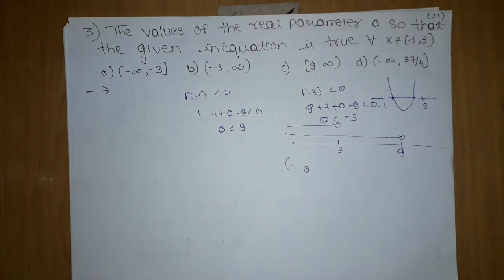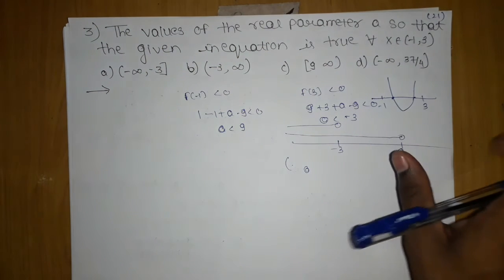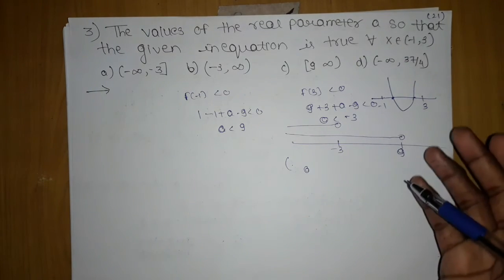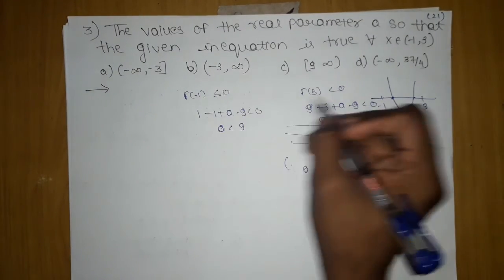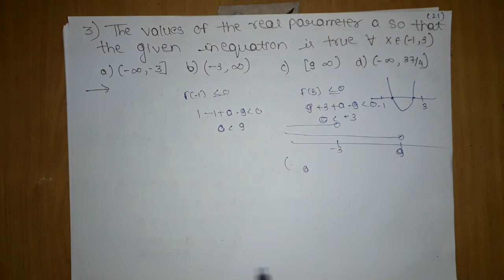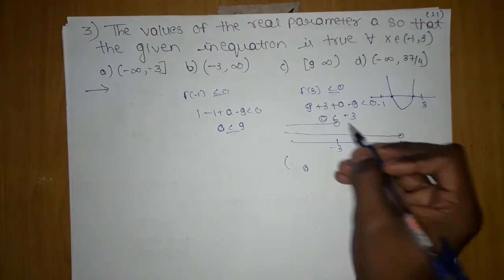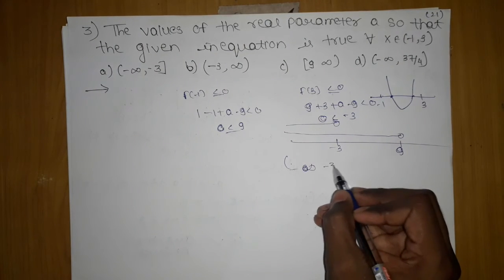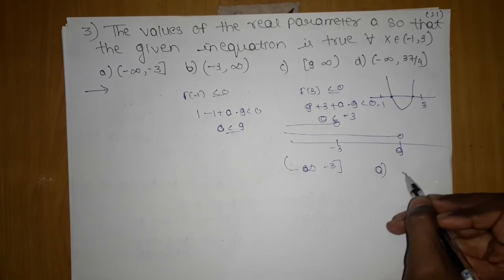If the parabola cuts at -1 and at 3, then the condition will be equal to, so an equal to sign develops, meaning it is the root. Then it should be less than or equal to 9 and less than or equal to -3. So what do you get? Minus infinity to -3 included, so A is the answer.